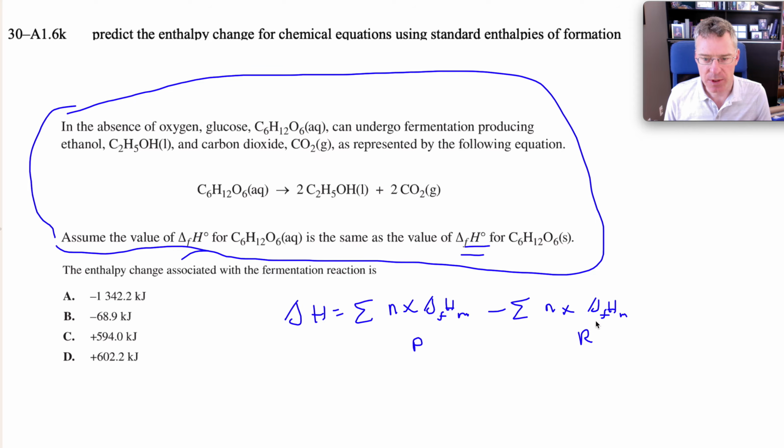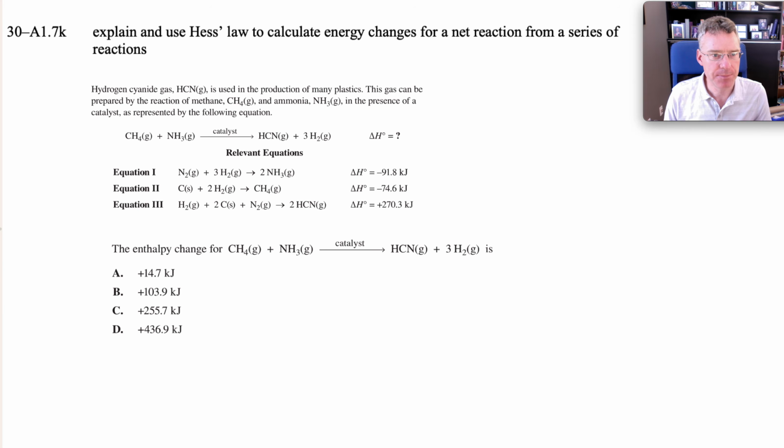I'm not going to bother doing the math. Hopefully you've done this a lot in class, and that's all this question is, and you should be expecting something like this. This would be a very straightforward one. Again, this is a released item from an old diploma.